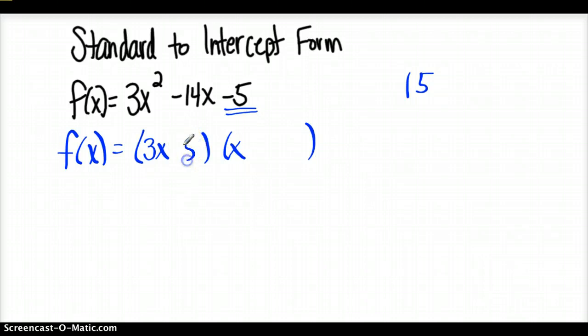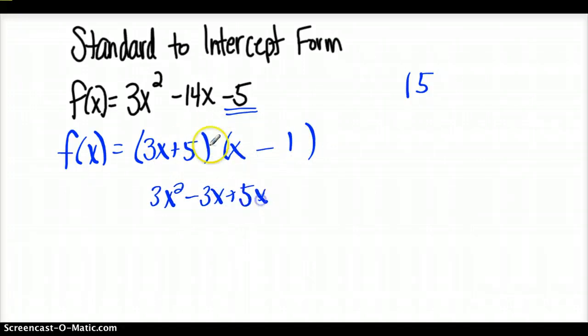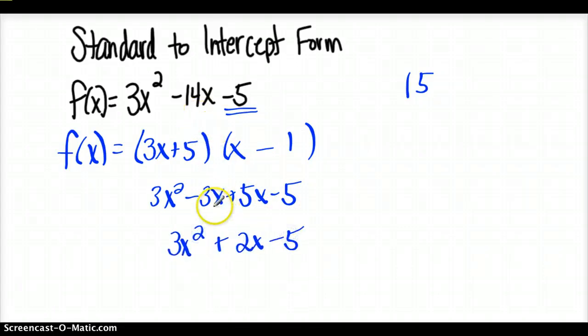So if I put 5 here and I put 1 here, let's just throw some signs up there. 3x, now you have to check it to make sure it's right. 3x times x is 3x squared, and 3x times -1 is -3x. 5 times x is 5x, and 5 times -1 is -5. If I put those together in the middle, I do not get -14. Would changing the signs help? No, because that would just change the sign of this, and it would still be a 2.